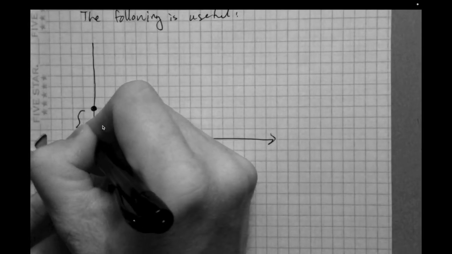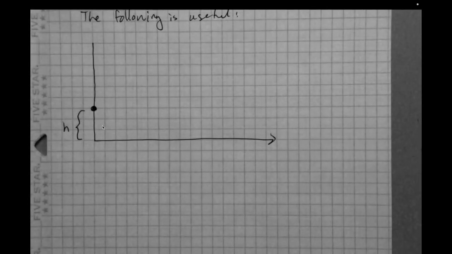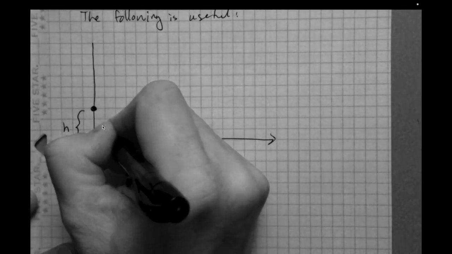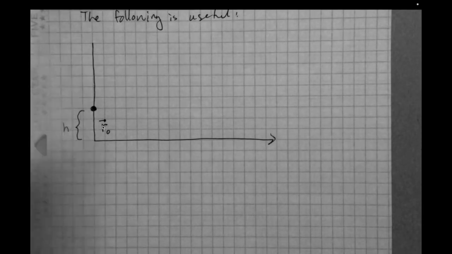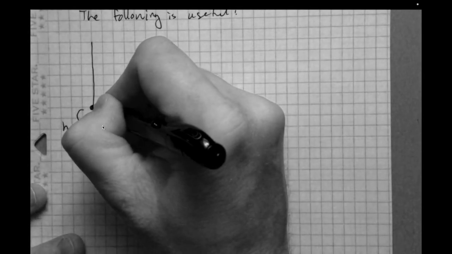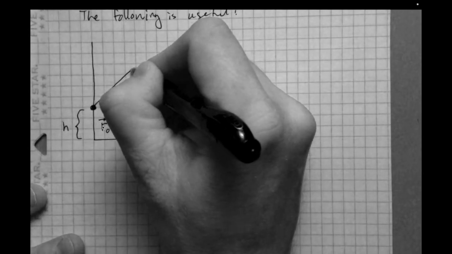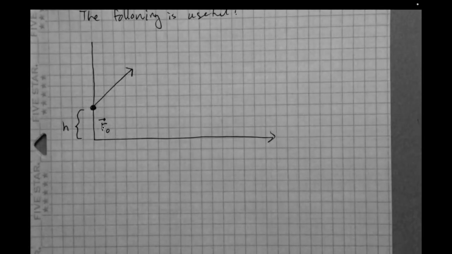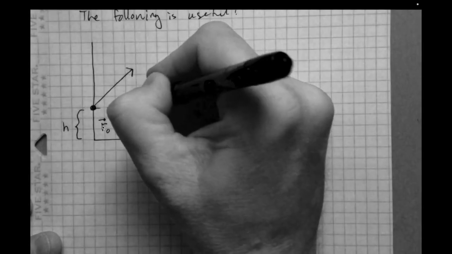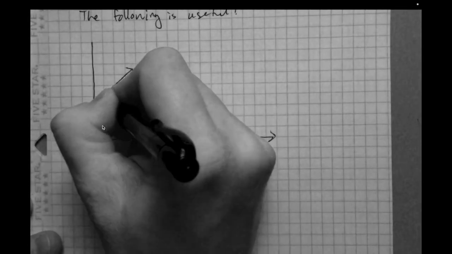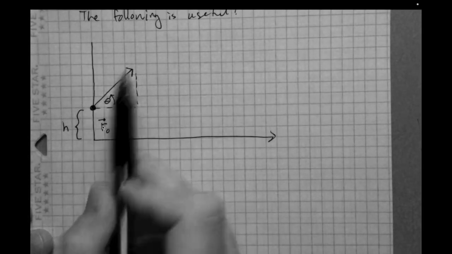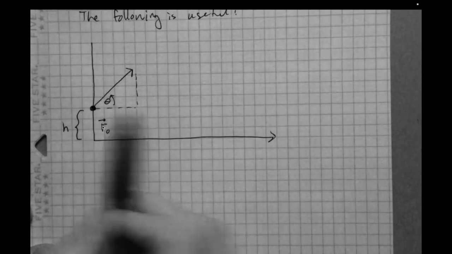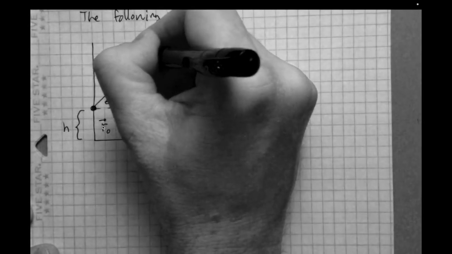So you're going to have some initial height given, and that's going to correspond with your r naught. The initial speed will be basically the magnitude of the vector that represents the initial velocity. That initial speed can be broken down. You've got some angle theta, the angle at which the projectile is launched. It's going to make some angle theta with the horizontal. This would be your v naught.